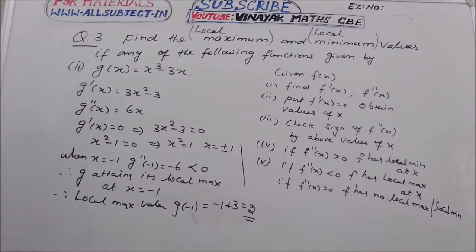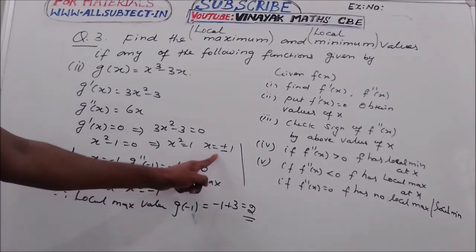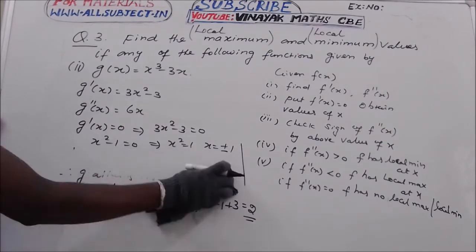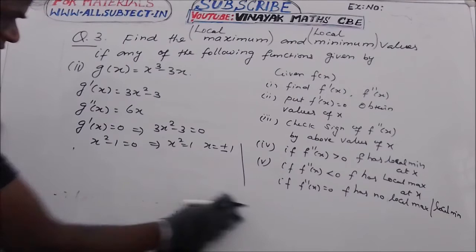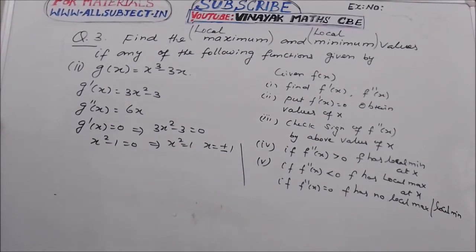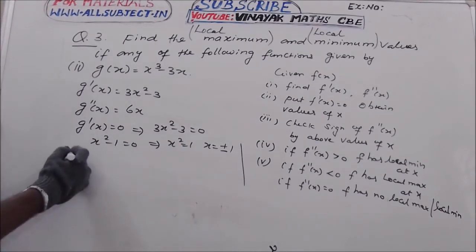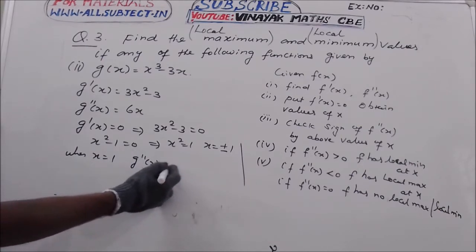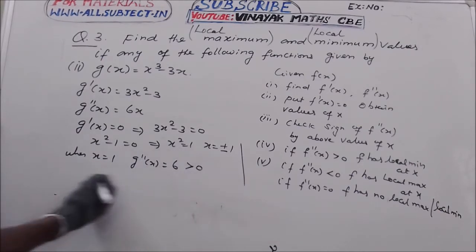Then substituting x is equal to plus 1 in g double dash of x, when x is equal to plus 1, g double dash of x is equal to 6, that is greater than 0.